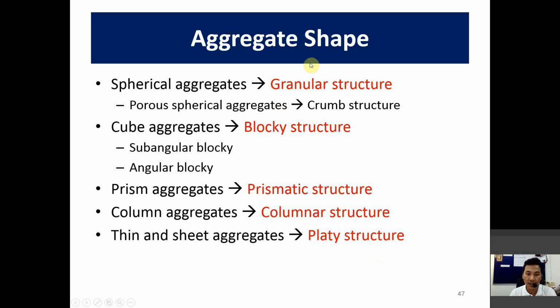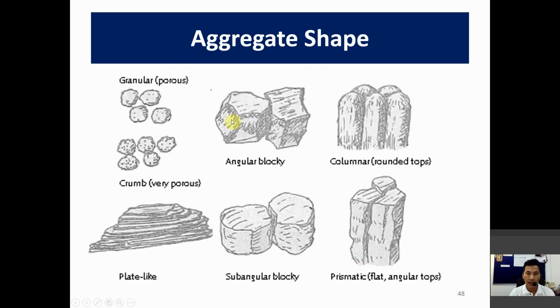So all of this, in the red color here, is the shape of structure that depends on the aggregate shapes. Here is how they look: granular, porous, and crumb structure very porous here. This is blocky. You can have angular blocky and subangular blocky. With angular blocky you have a lot more sharp edges, and with subangular you have less sharp edges.